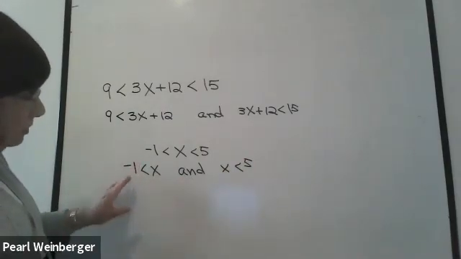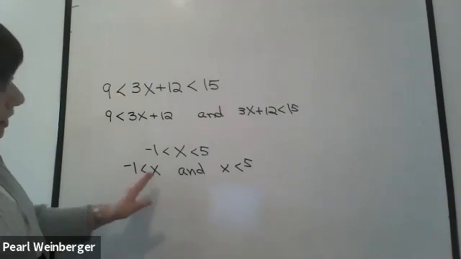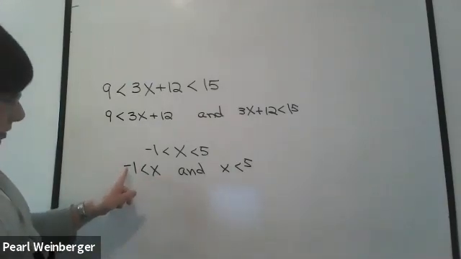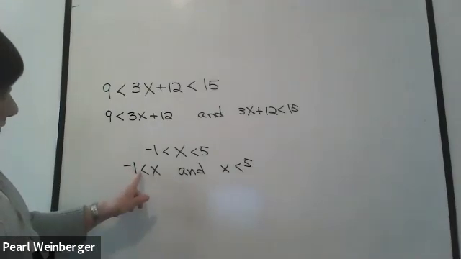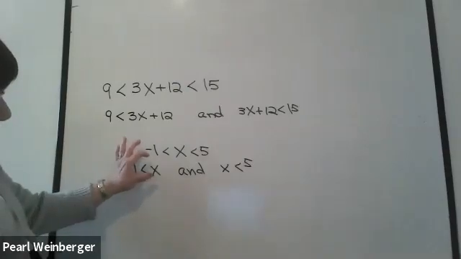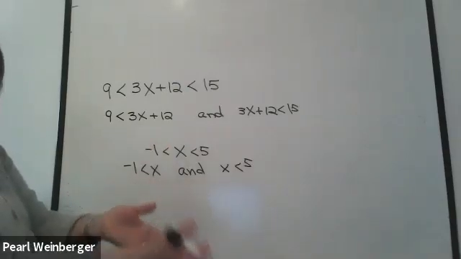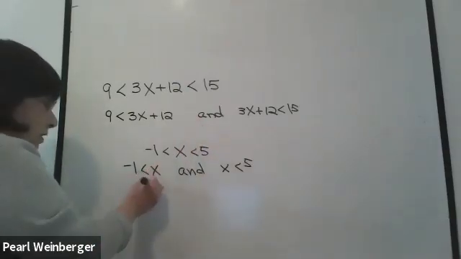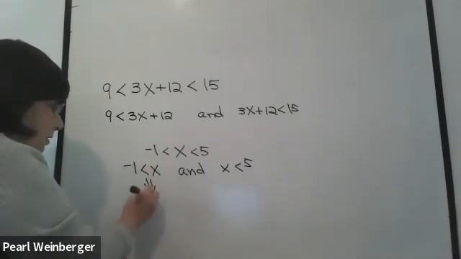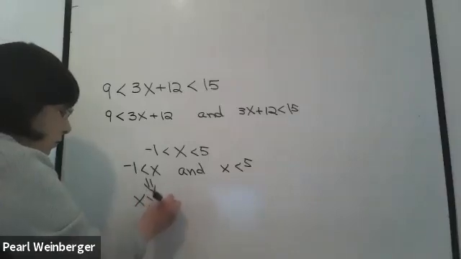We want the X on the left side and the number on the right side. If you read it, it says -1 is less than X. The smaller is the -1, the bigger is the X. I can totally turn this around. This means the same thing as X is greater than -1.